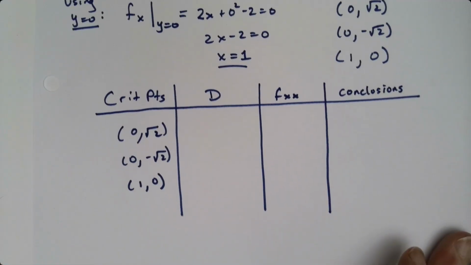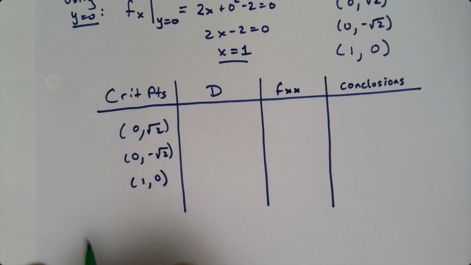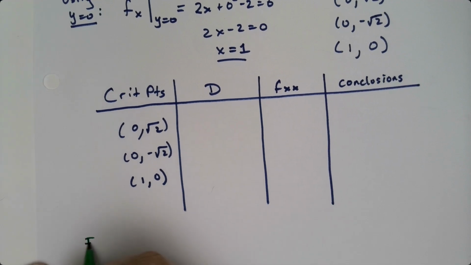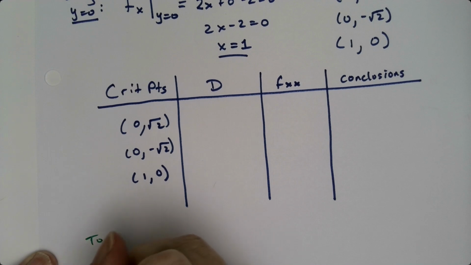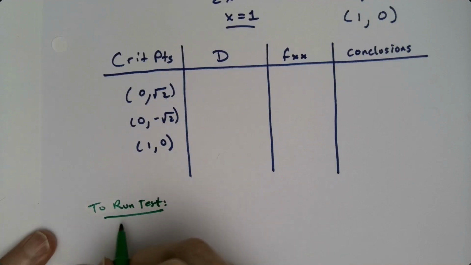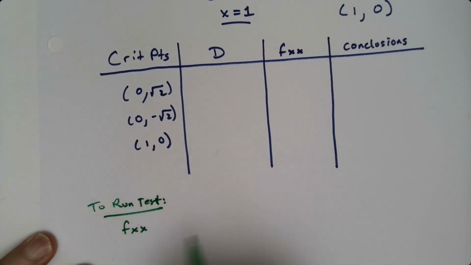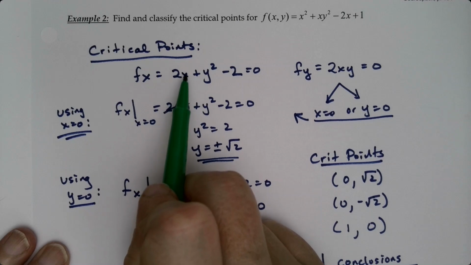Okay, well, to fill this out, we're going to need d. Now, to find d, it's to run the test, right? So let me do this. To run the test, let's find the pieces. So f xx, that's the second derivative with respect to x. So if I go back up here, that'd be 2.